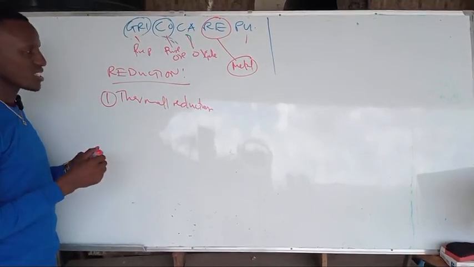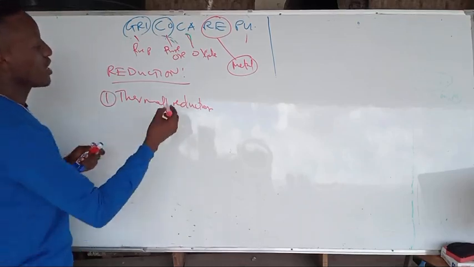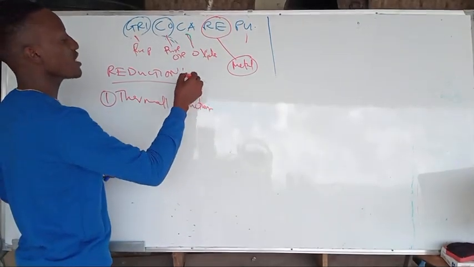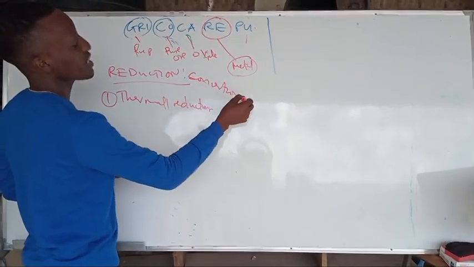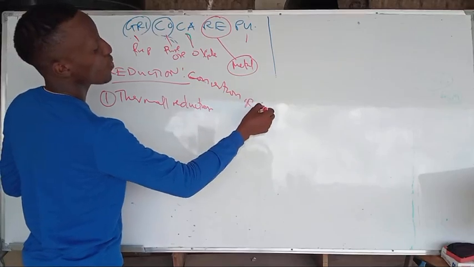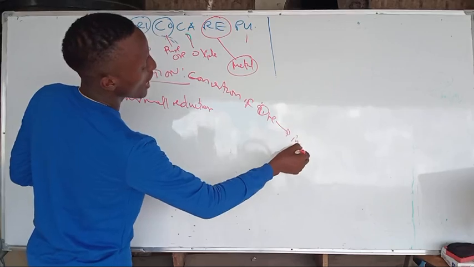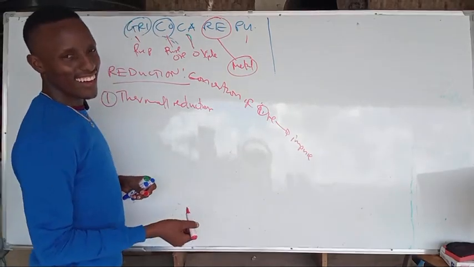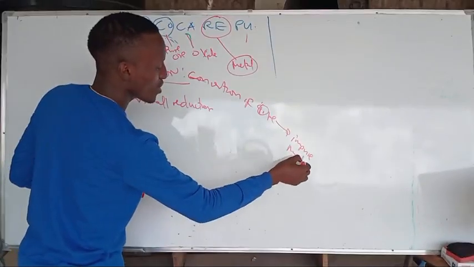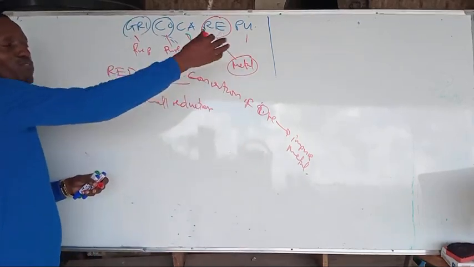So what's the reduction? Actually, the reduction process is just the formation of the impure metal from the ore. So the conversion of the pure ore into impure metal, which will be purified in the last step.